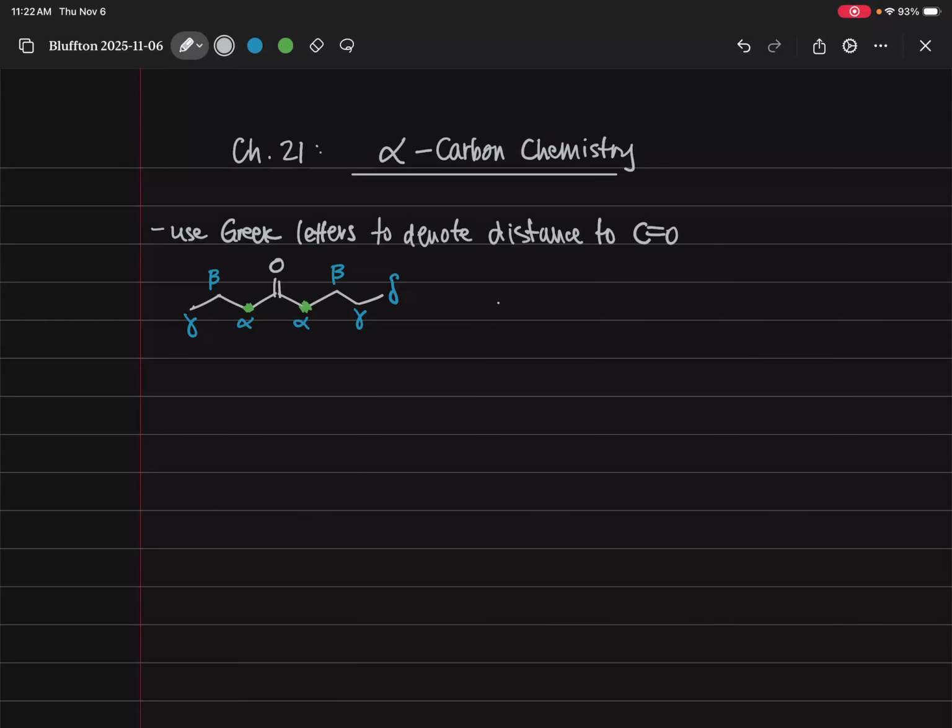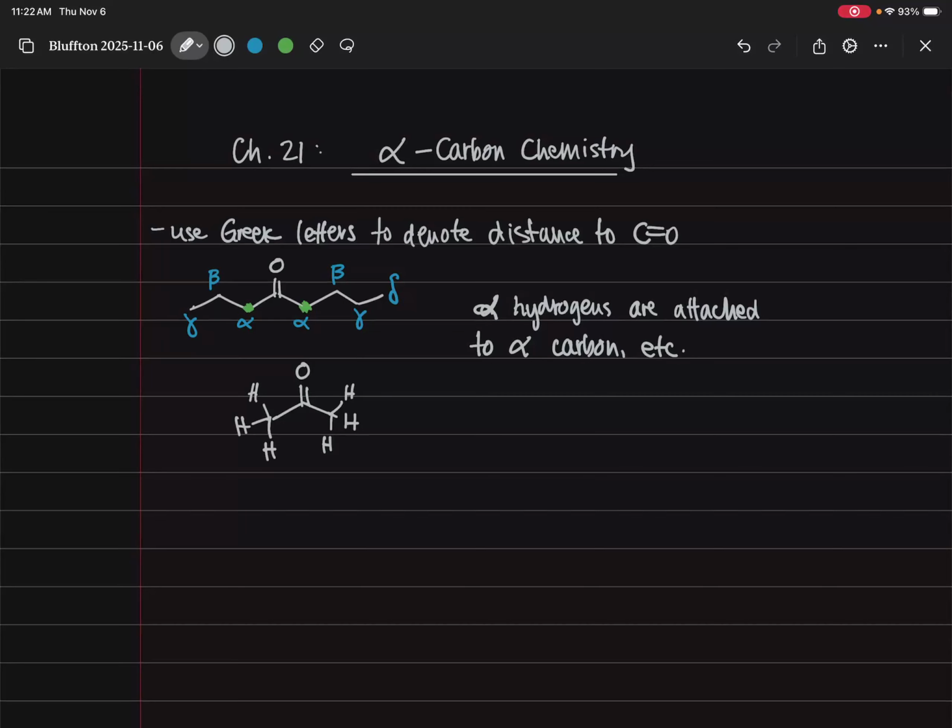In addition, the alpha hydrogens are attached to the alpha carbon, beta hydrogens are on the beta carbon, etc. So if we have something like acetone, acetone has the two methyl groups next to the ketone.